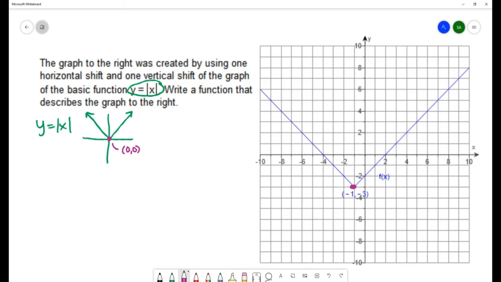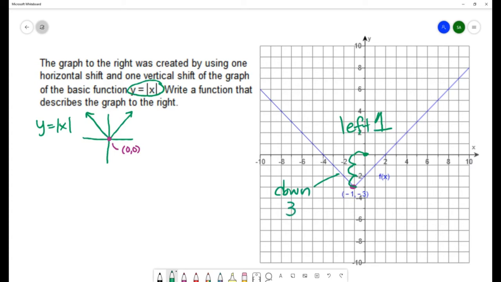So what we notice is that from our origin, this new point is shifted to the left 1 unit and down 3 units.